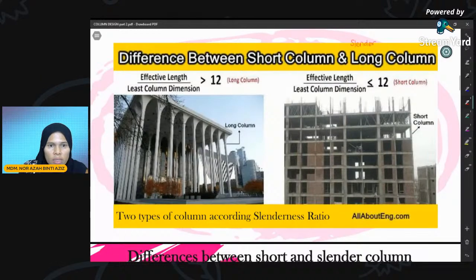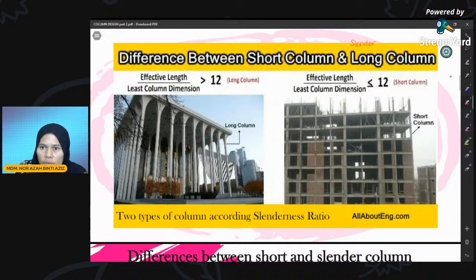These two types of column, we will differentiate, which one is short column and which one is slender column, based on slenderness ratio. The slenderness ratio states the effective length divided by the least column dimension. More than 12 is a slender column.